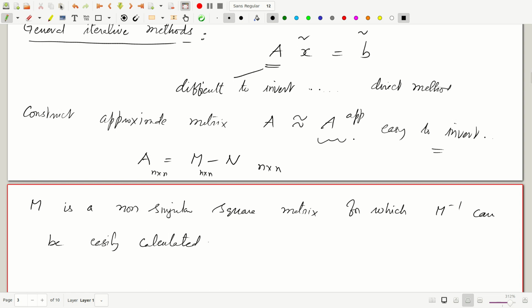Now this decomposition of A into M minus N is what defines the particular method.